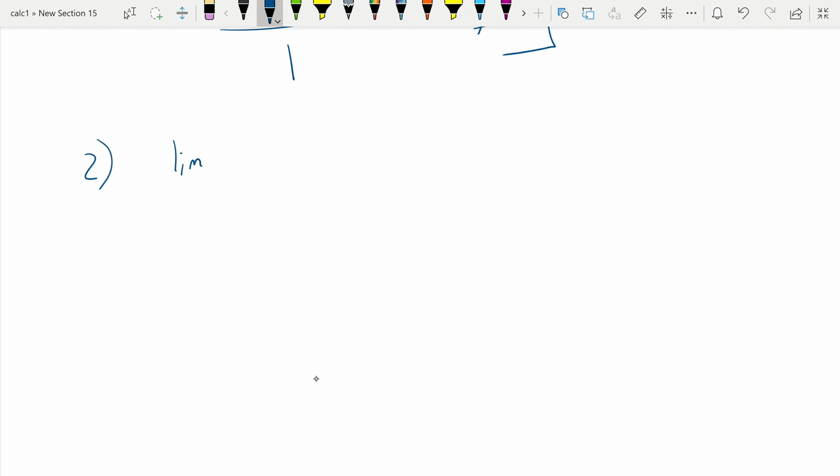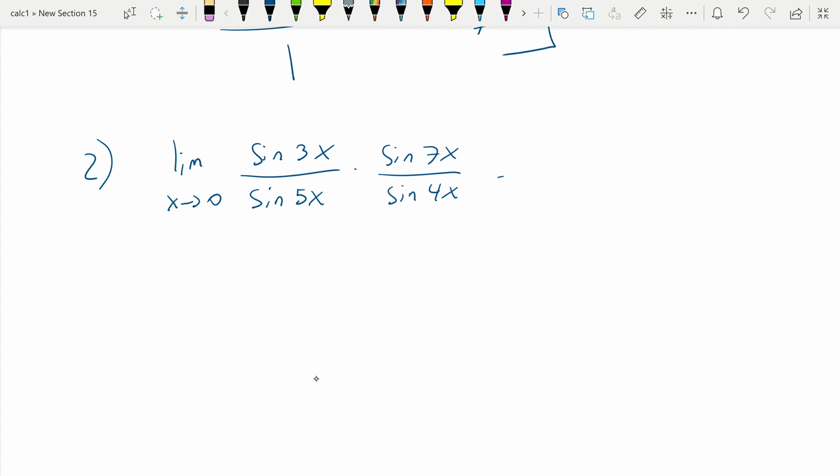Another example is a more direct one, sine of something like this. So you have sines, multiple sines multiplying and dividing and everything. And what is this limit equal to?